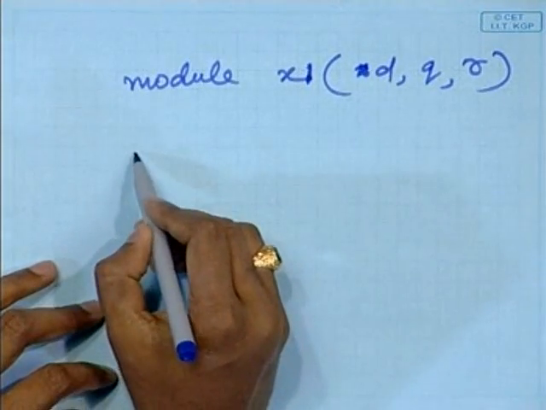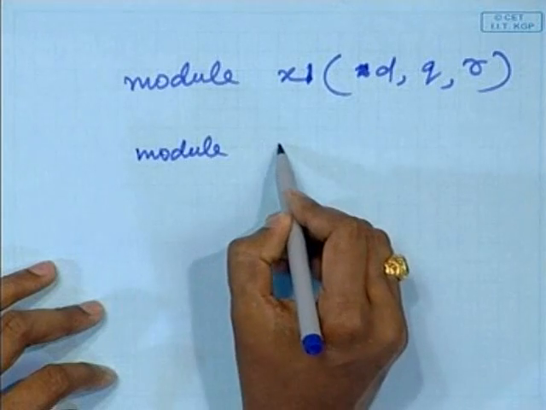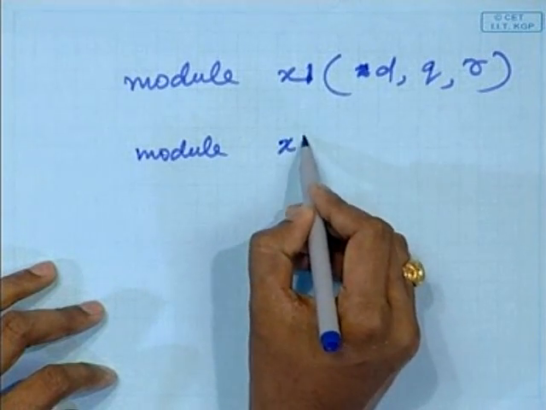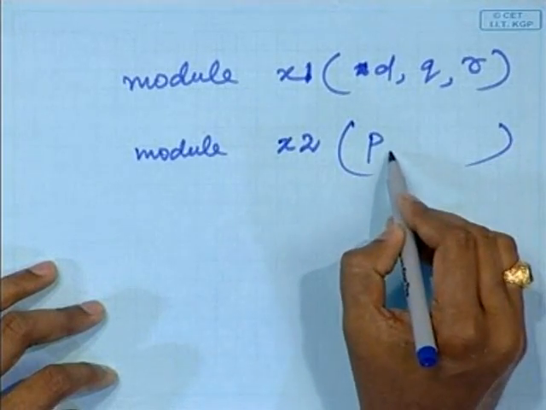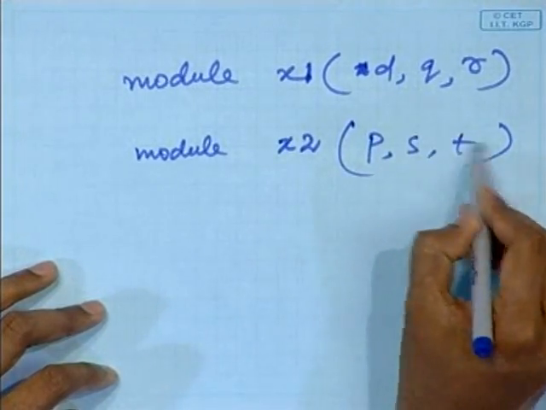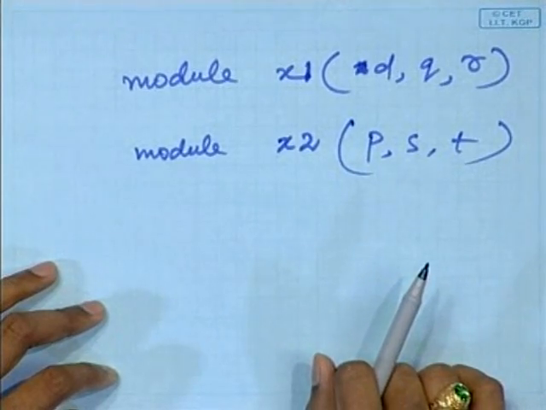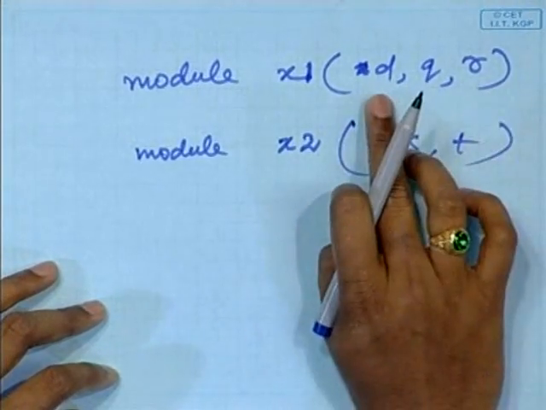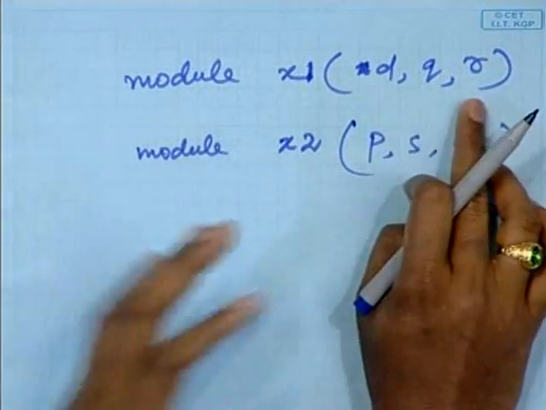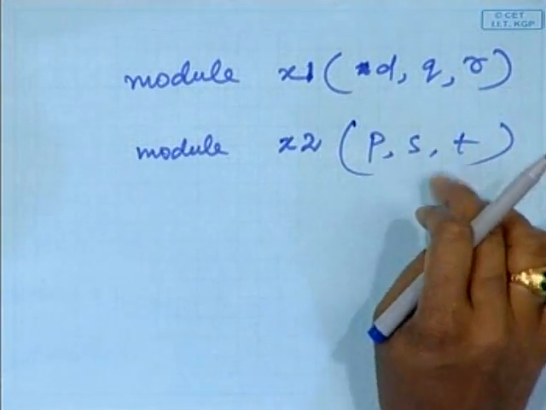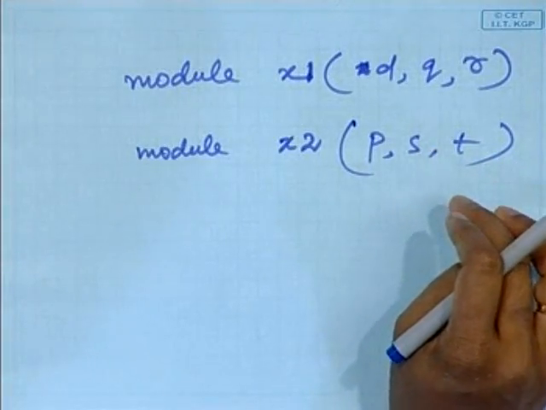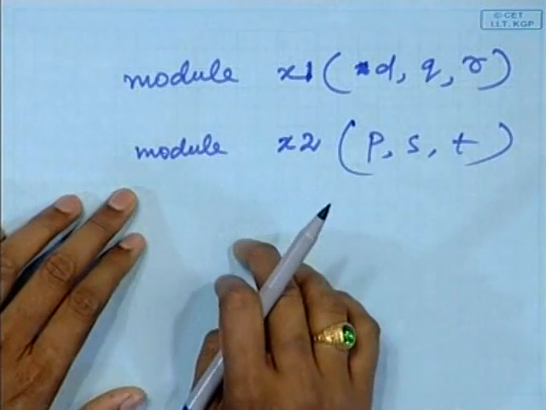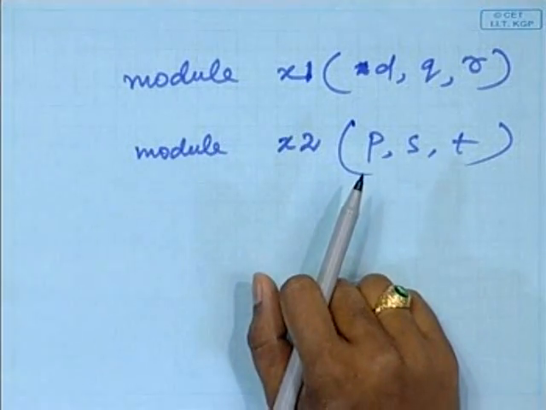And I have another module X2 with the order P, S, T. So I have to connect in this order only. DQR is just a simple example for understanding, and I have an example in the slides. So how will I connect these modules, either by position or by names?